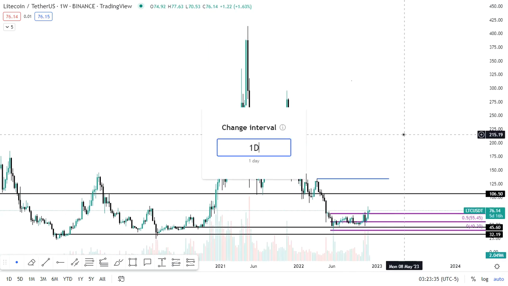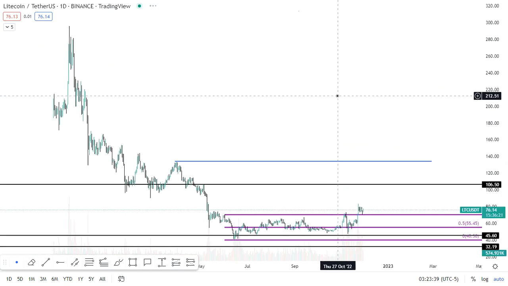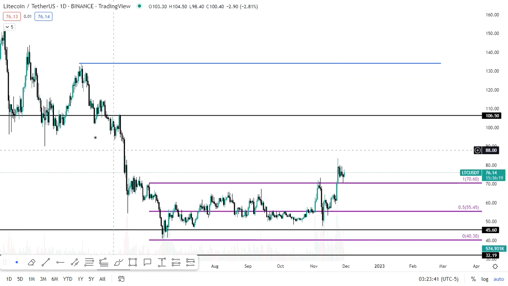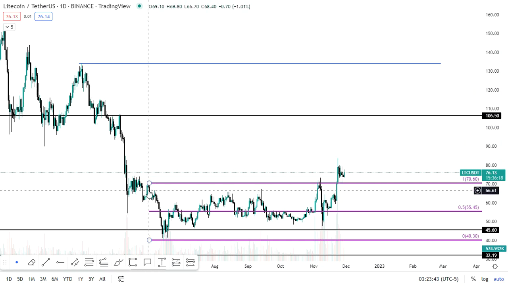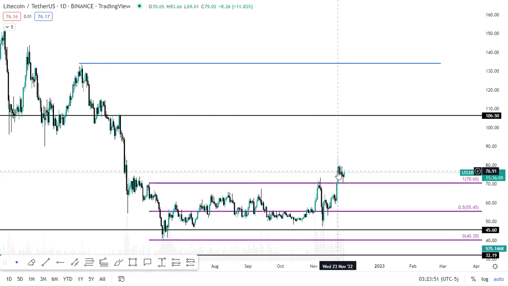So now we go to the daily. You can see that the market structure on daily and 4 hour has changed. We were in a downtrend. We made a low and we went into a ranging phase, an accumulation phase. Now we have closed a daily candle above this swing high before this swing low.